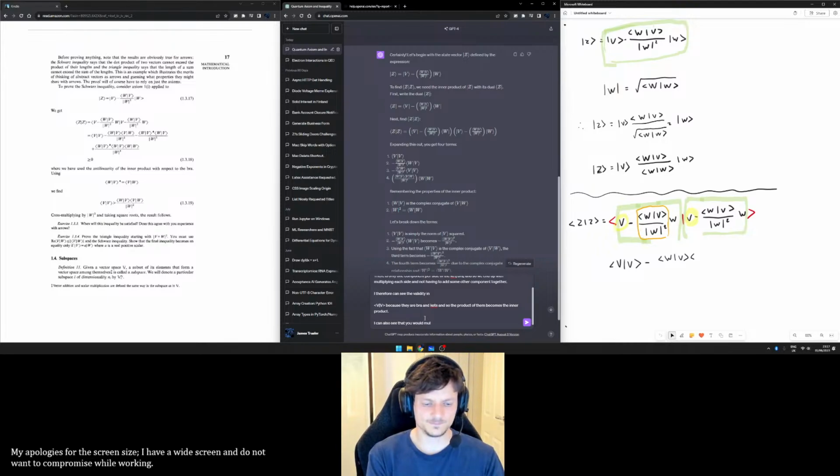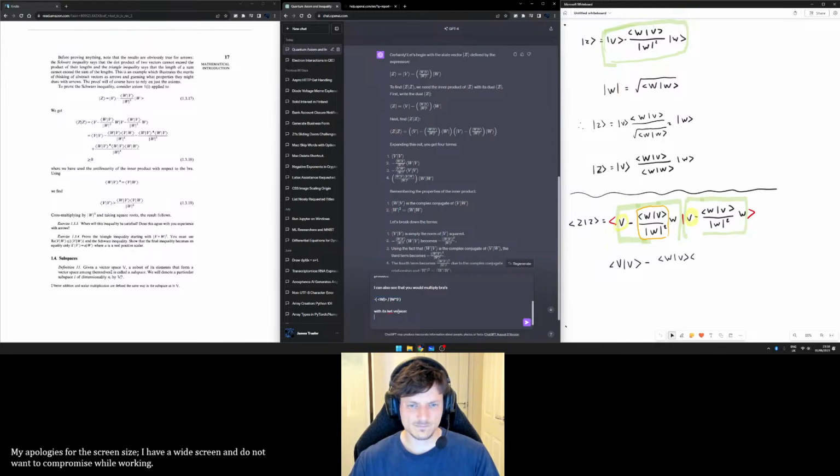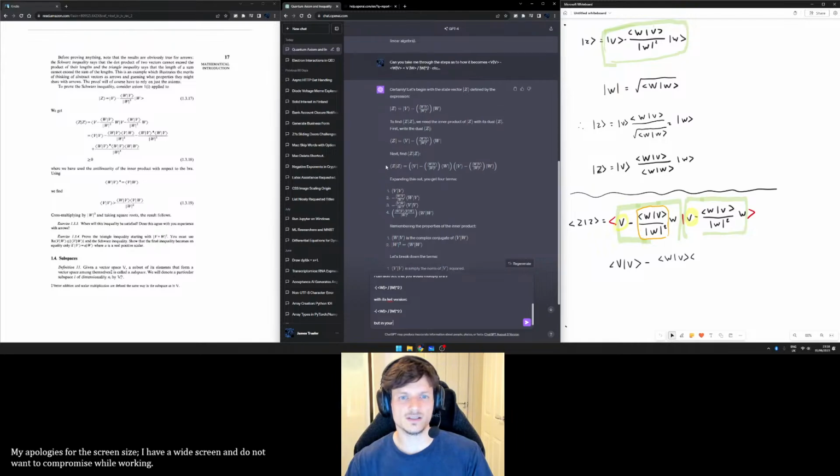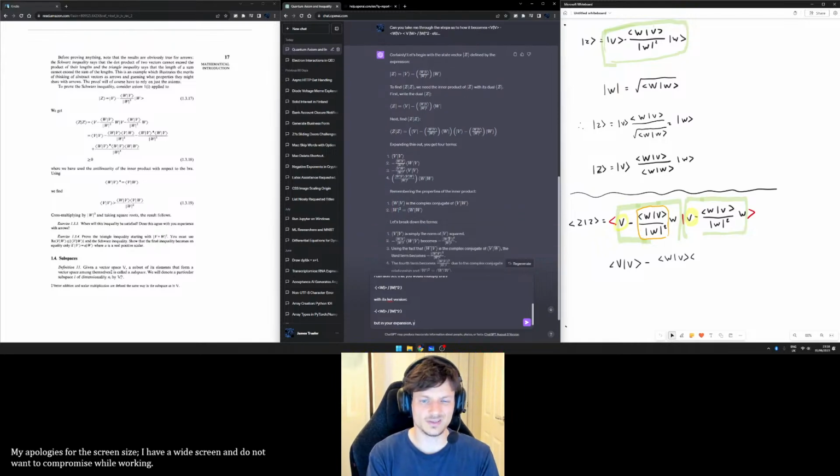I can also see that you would multiply negative WV with its ket, multiply bras with its ket version, but in your expansion you note that it's reversed instead.